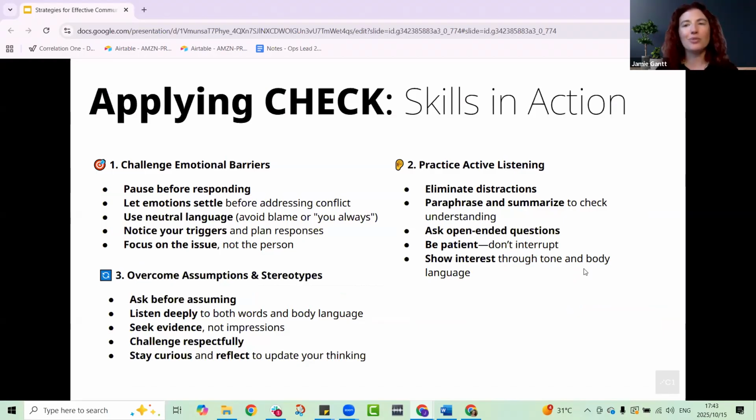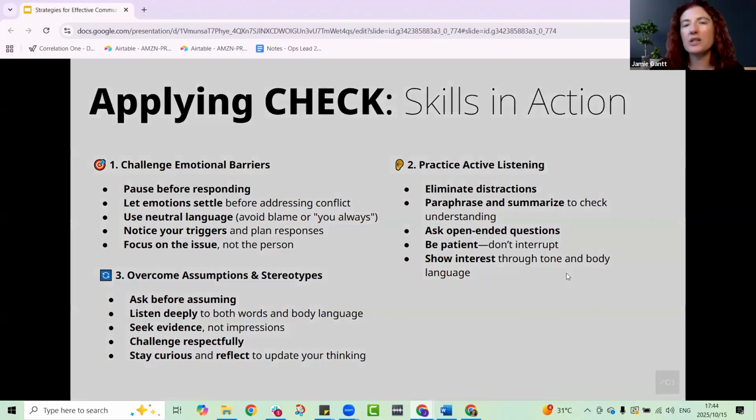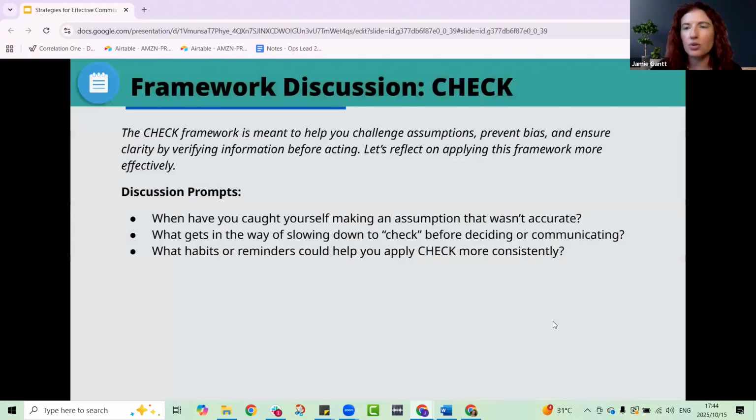We're trying to say don't assume, but always keep in mind that when anyone is giving any kind of feedback, somewhere inside of them, they genuinely think they're doing something good for you. Like, people have positive intentions. It doesn't always come off that way. But if you just check in and be like, okay, what could be the positive intention behind this? That can start to help you check some of those assumptions as well. And then, of course, actively listen. We want to listen to understand, not to respond.